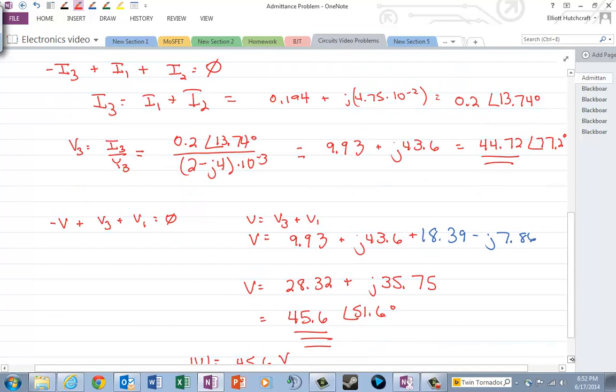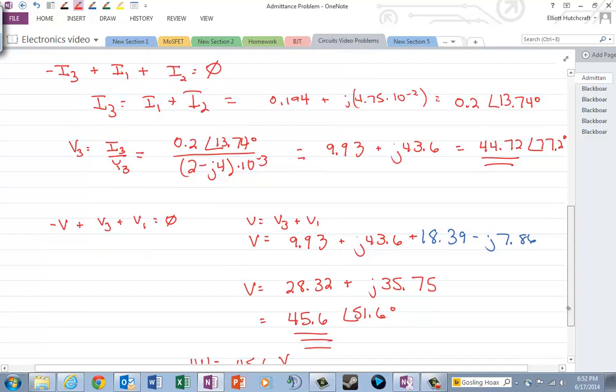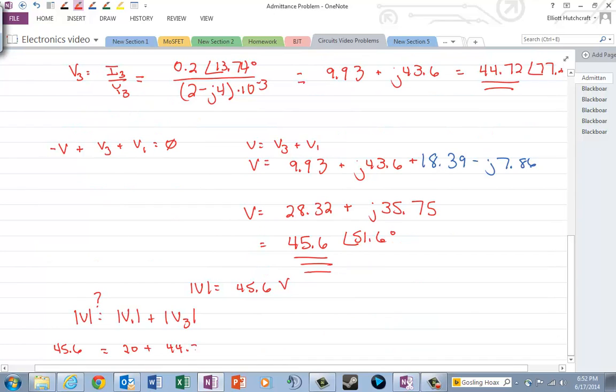So we're trying to ask the question, is 45.6 the same as 20 plus 44.72? Obviously not. It doesn't work to take the magnitude of one plus the magnitude of the other to get the magnitude of the total. And why not?